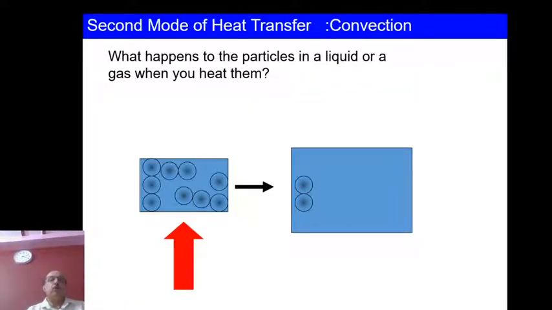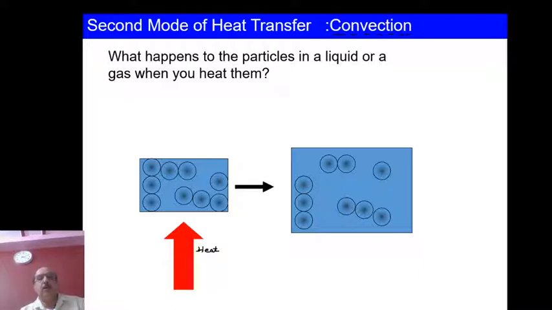Now, the second mode of heat transfer is convection. What happens to the particles in a liquid or a gas when we heat them? Here we heat the liquid or the gas.